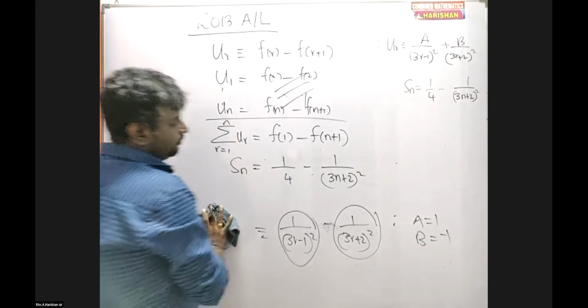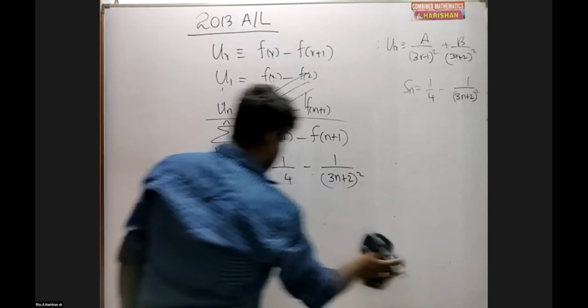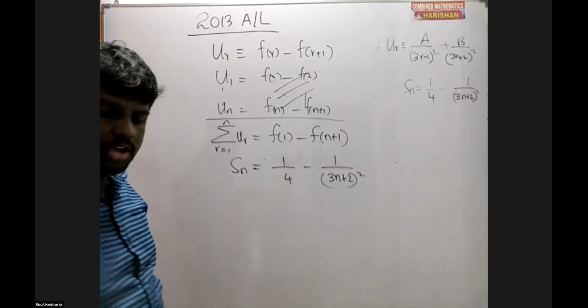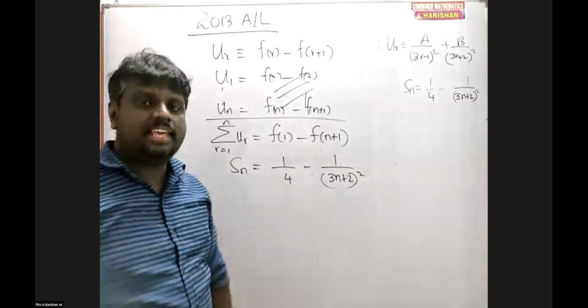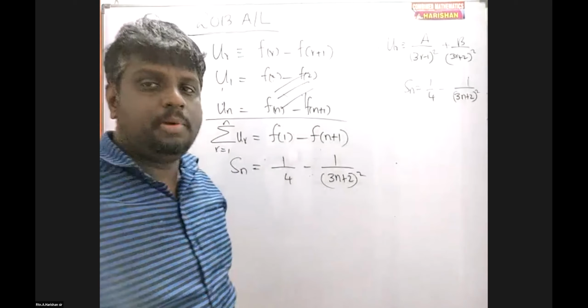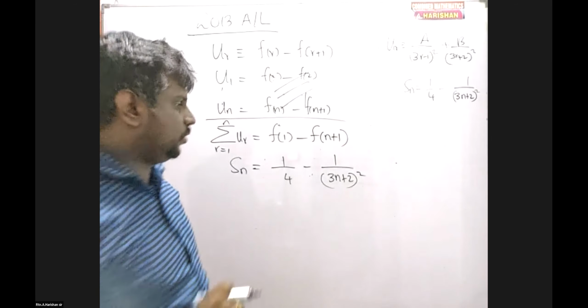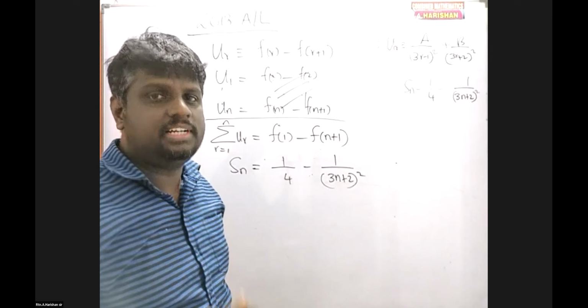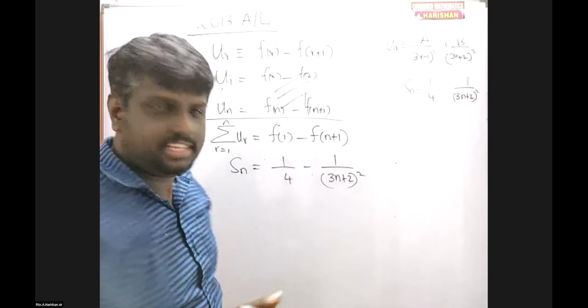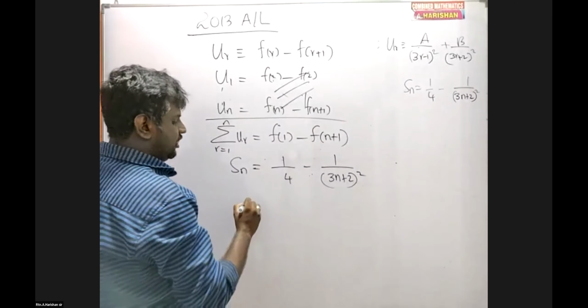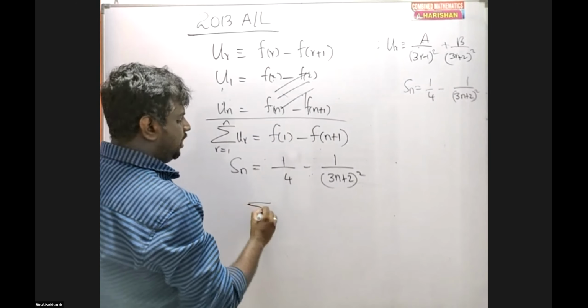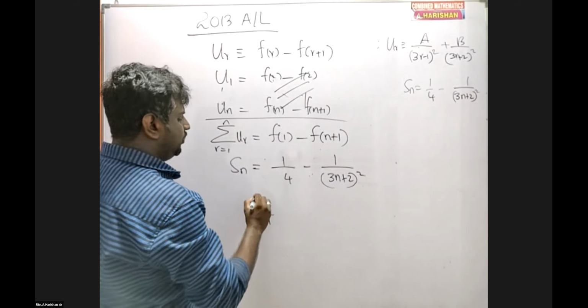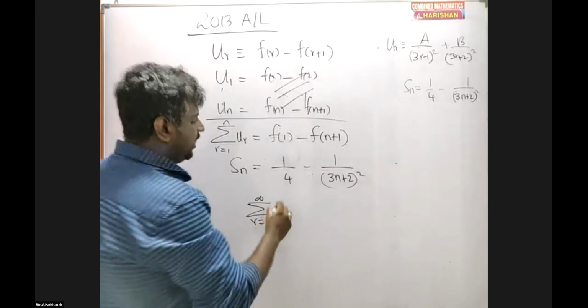It's clear? Okay. So hereafter, they talk about convergence. I already told you, convergent or divergent: if you want to check, this is the formula. Sigma r from 1 to infinity Ur.